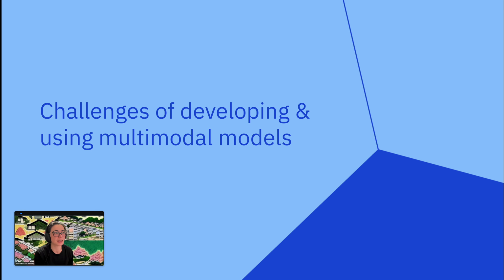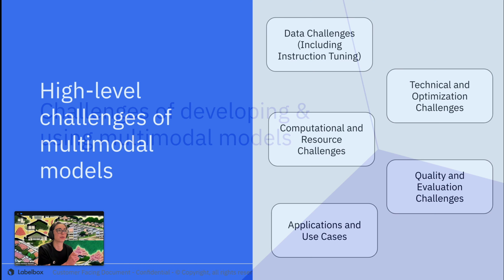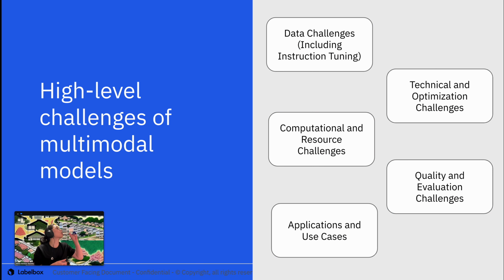As we hinted, there are some challenges of developing and using multimodal models. Let's go through what they are. Roughly, there are 5 different categories: data challenges, including instruction tuning; technical and optimization challenges; resource and computational needs; quality and evaluation, which we've already touched on; and applications and use cases.